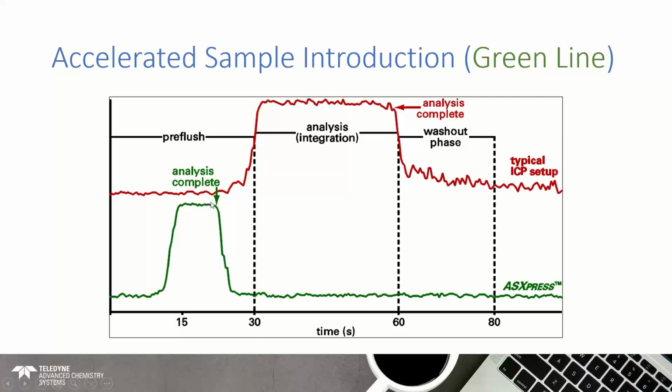And by the time our measurement is complete, because we're not waiting for our sample to pass through, we've emptied our sample loop after the measurement's complete, we then go down to baseline much quicker. So we've taken out the washout phase at the end, we've factored it in, it's operating at the same time as the analysis. So we can get to baseline much, much quicker.